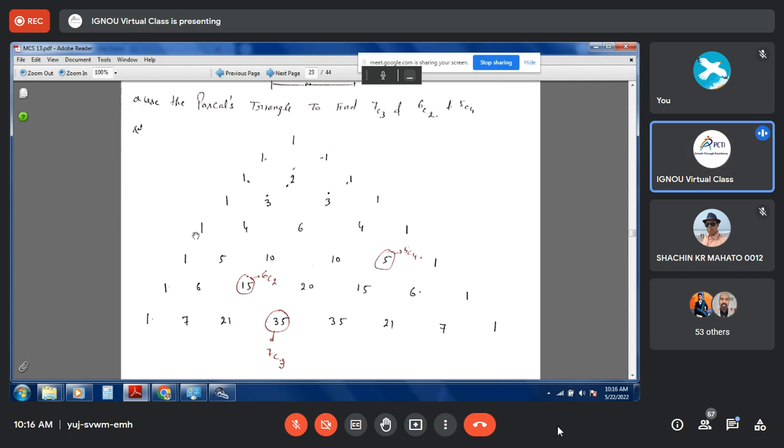It's the 5th floor. Then the 6th floor, from top to bottom we are moving. 1 plus 4, 5. 4 plus 6, 10. 6 plus 4, 10. 4 plus 1, 5. And 1 and 1 on both sides. Every time when we come to the lower floor, expand the basement.